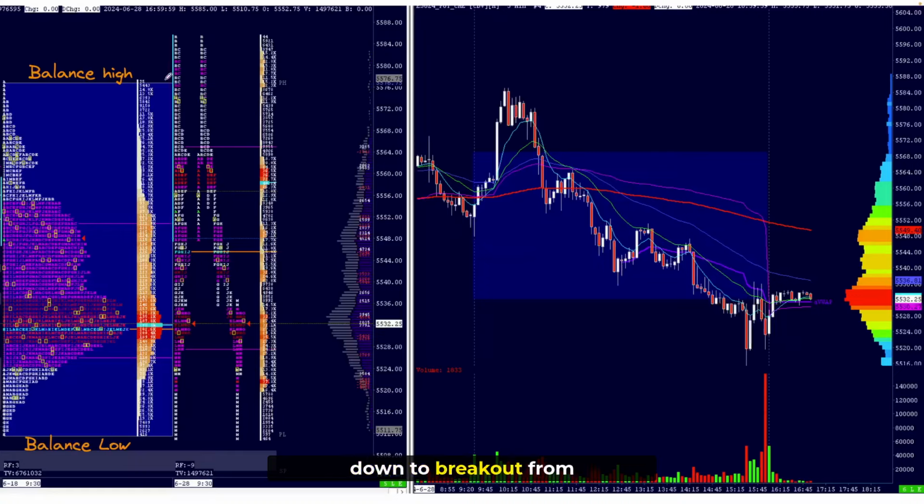When it comes down to a breakout from this key area, we know this is a very major range. The market has spent a lot of time in its range. So what you want to see is as the market moves higher, you want to see the market building volume above this. This means that higher prices attract more buyers. This wasn't the case.